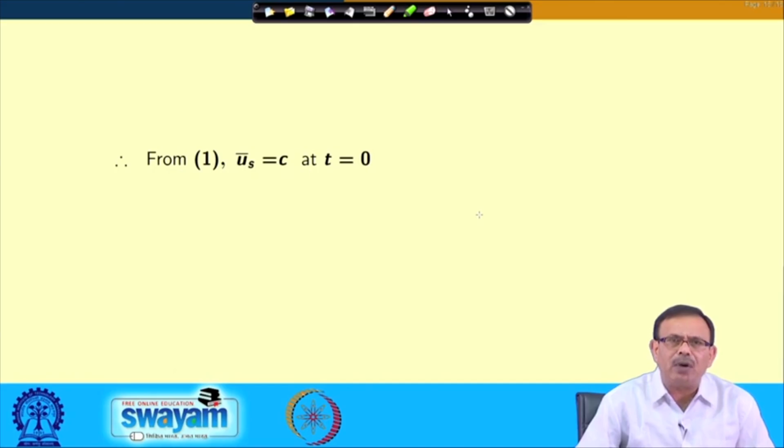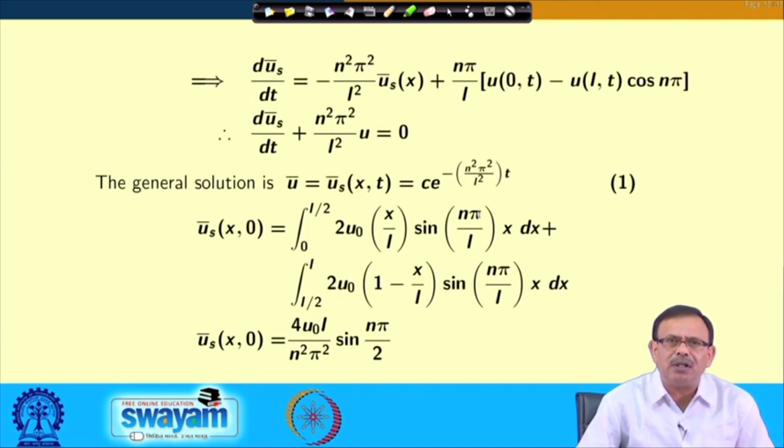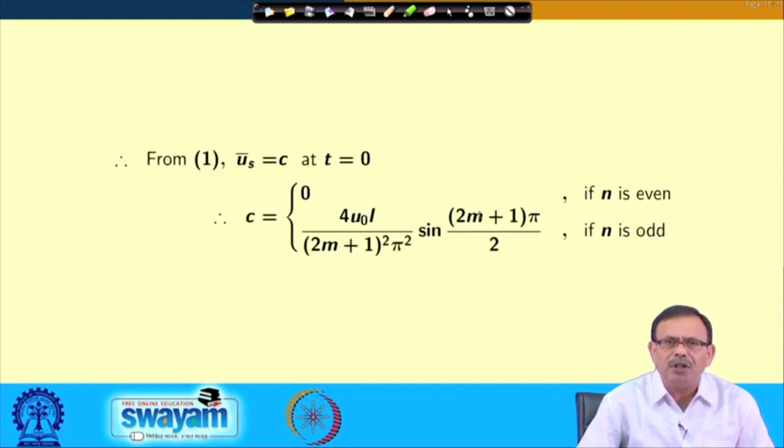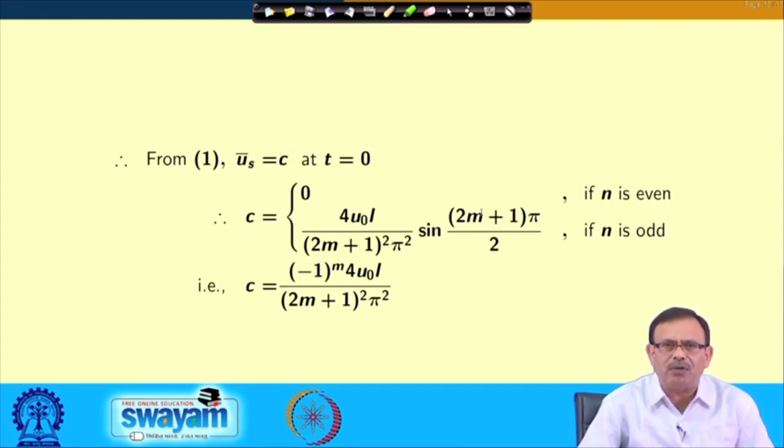And also at t equals 0, u bar s is c. So, your c will be basically this last quantity. So, c I can write down 0 if n is even, and if n is odd, this particular expression. And in one way I can write it in terms of m and 2m plus 1, like this value of c.